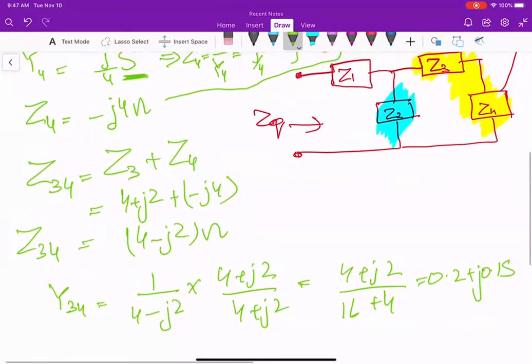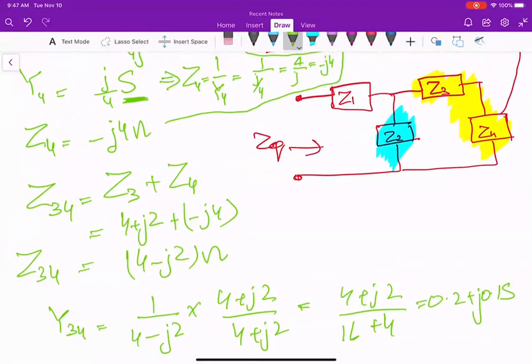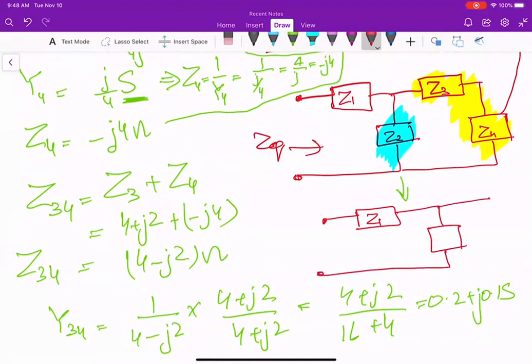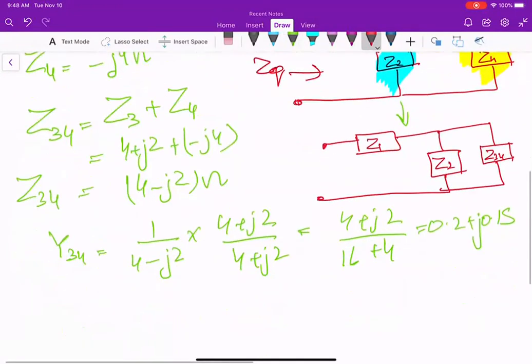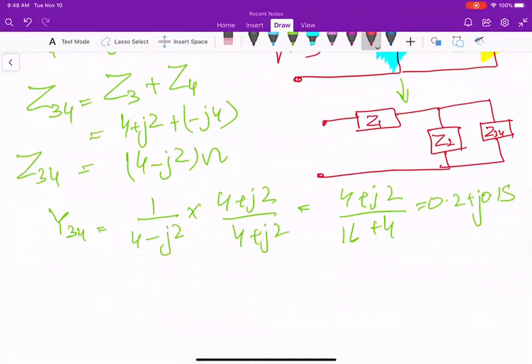So first we have done this. This was Z34, Z2, and now we have combined them into Y234.